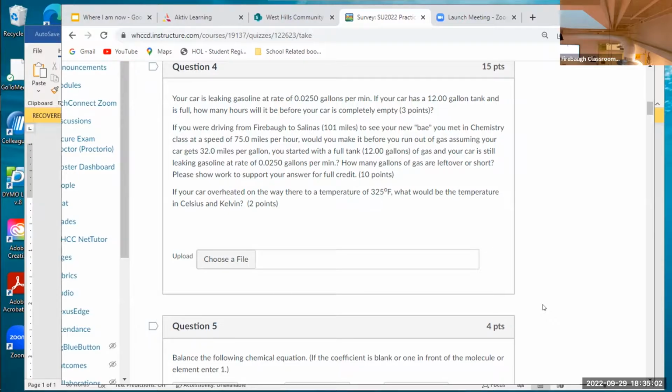But I have hours. How do I change that? 1 hour equals 60 minutes. And 1 minute equals 0.0250 gallons per minute.